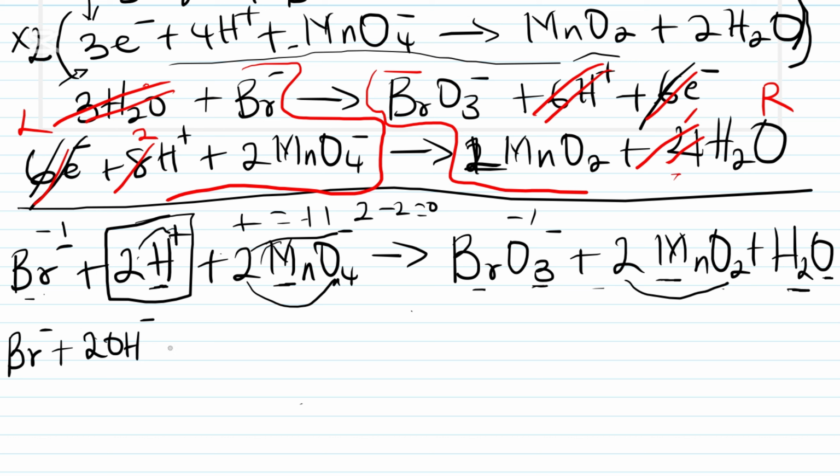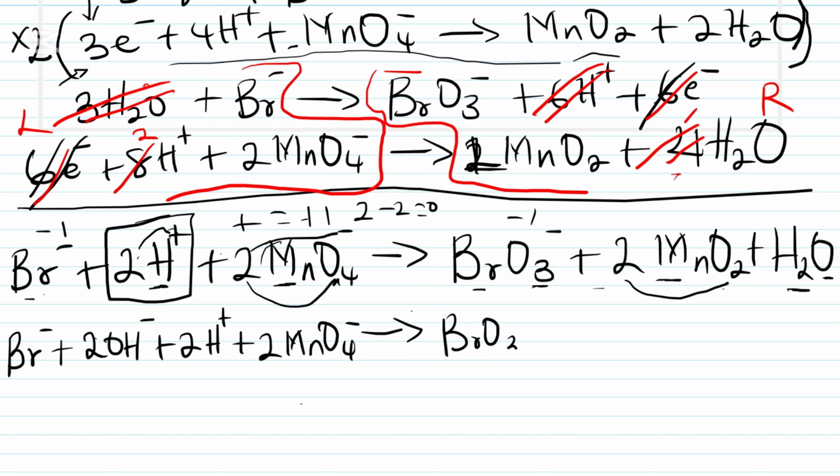Okay, now we can drop this one down. We say plus 2H plus, and next we have plus 2MnO4 minus. We put our arrow, and here we have our BrO3 minus plus 2MnO2, a neutral compound, plus H2O plus, remember we added 2OH minus.